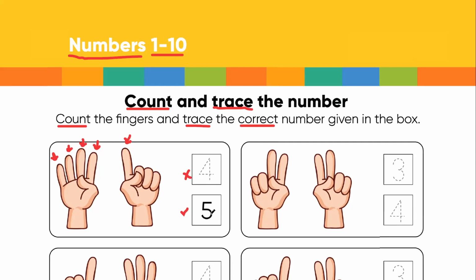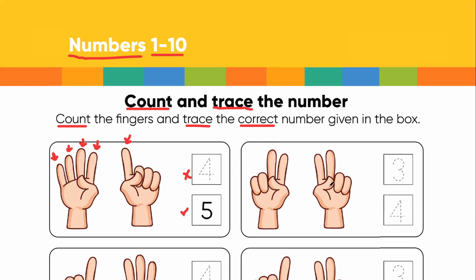That is why over here only the correct number is traced, because our task is to trace the correct number, and here the correct number is number 5.